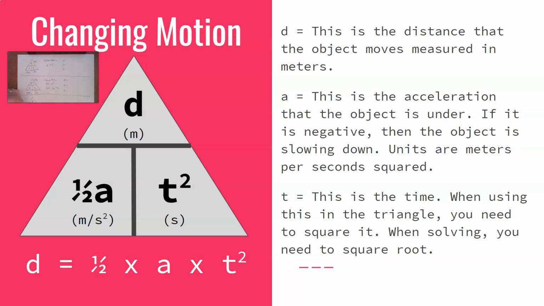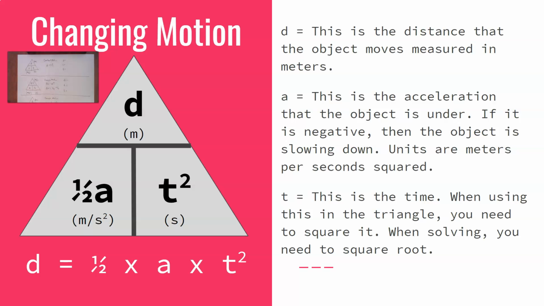So we've got D, we've got a half A, we've got T squared, and this is going to be in meters per second squared. This is going to be in seconds, and this is going to be in meters. So when we look at this one for changing motion, we have D equals 1/2 AT squared.